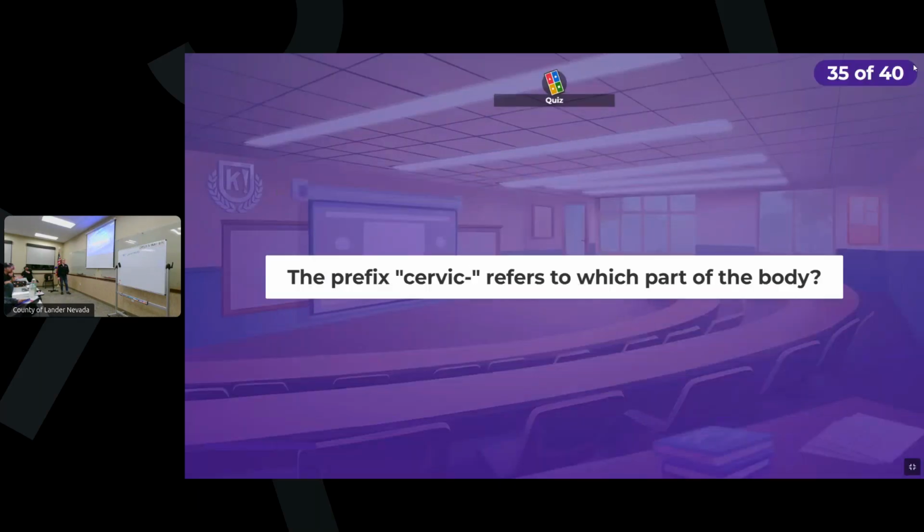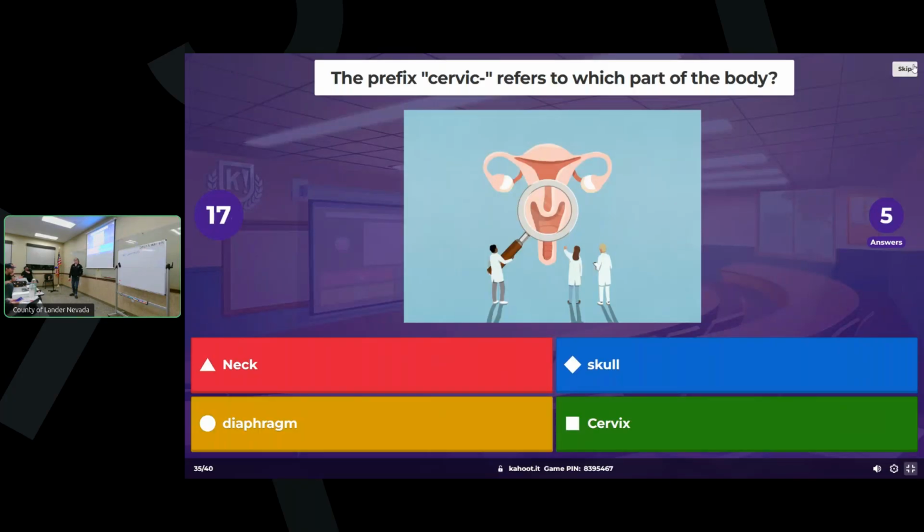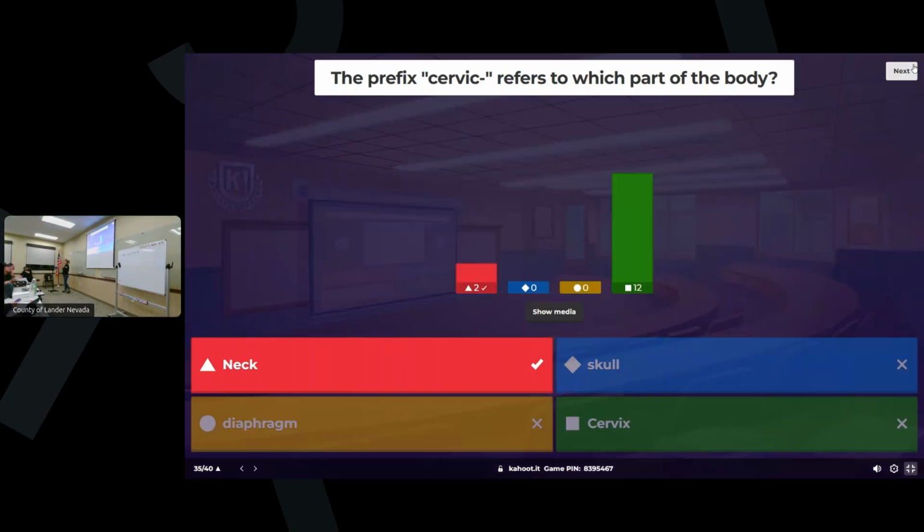The prefix cervic refers to which part of the body? How many gentlemen know what that picture is? It's not the cervix.